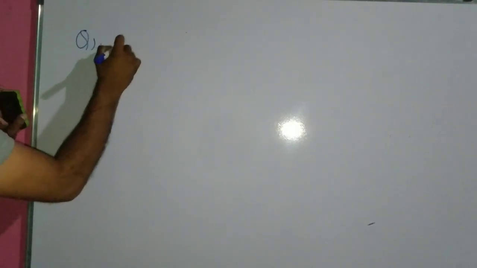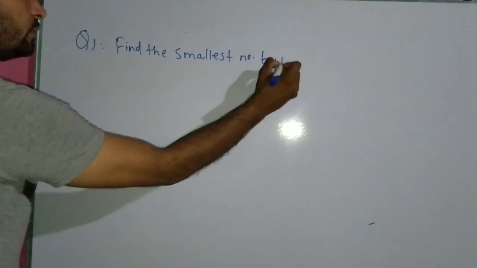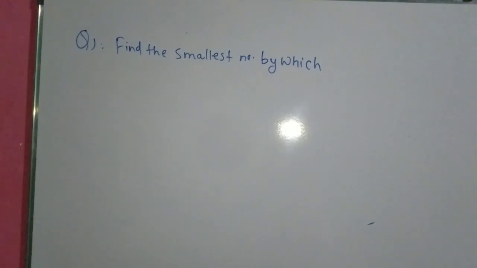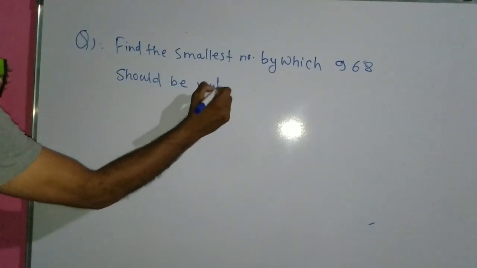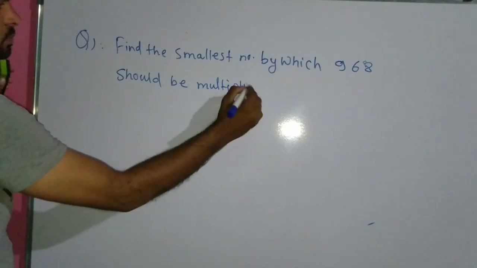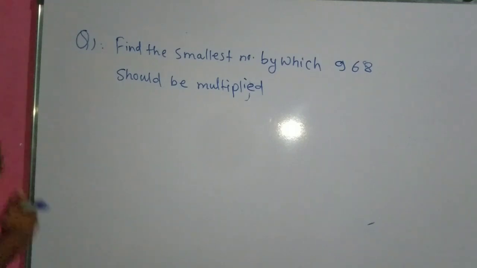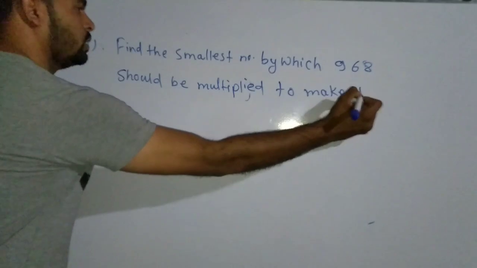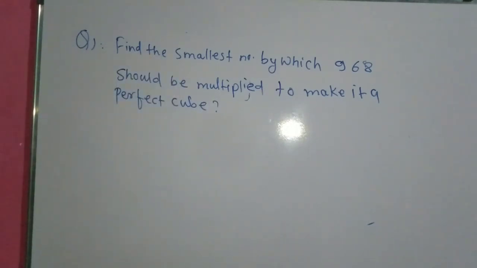Okay, our next question is: find the smallest number by which 968 should be multiplied to make it a perfect cube.